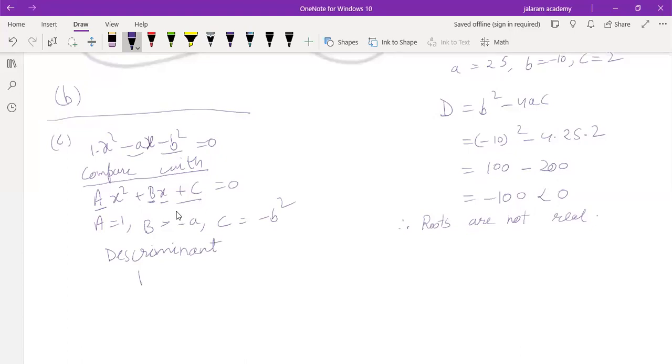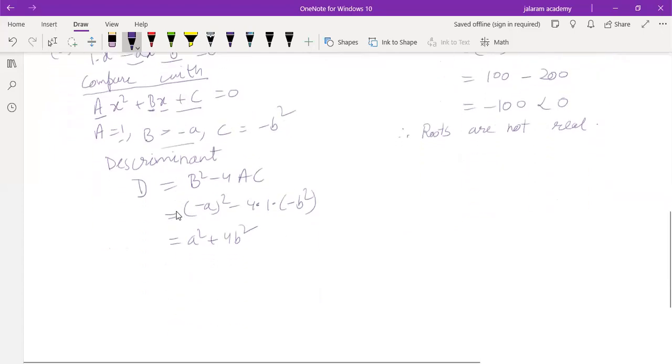we know that discriminant equals B square minus 4AC. So the value of B is minus a, minus 4 into the value of A, which is 1, into C, which is minus b square, equals a square plus 4b square.